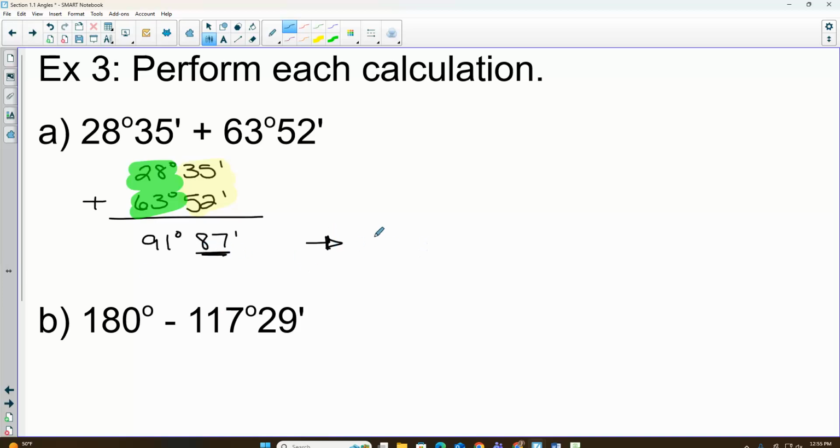I'm going to take away 60 minutes and add it to my degrees. And then take away those 60, so that's 92 degrees, 27 minutes, because I never want to have more than 60 minutes on there. Do you guys understand what I did? So basically, I took away the 60 minutes and I added 1 degree, because they were equal.